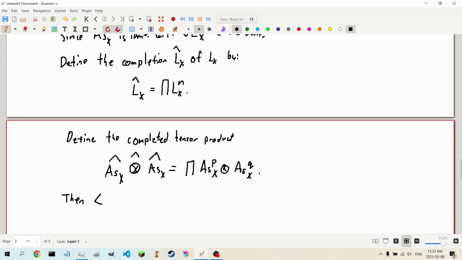Then the diagonal map on the free associative algebra on X extends to a map delta from the completion of the free associative algebra on X to the completed tensor product. Because normally this would just be the tensor of that with itself. Here this tensor is also completed.